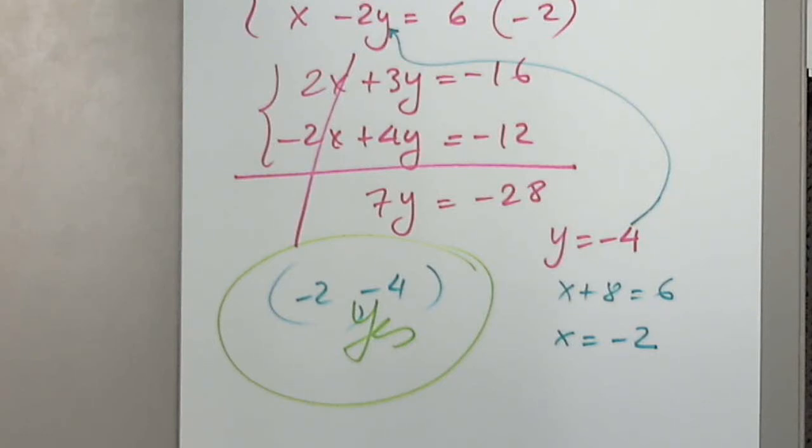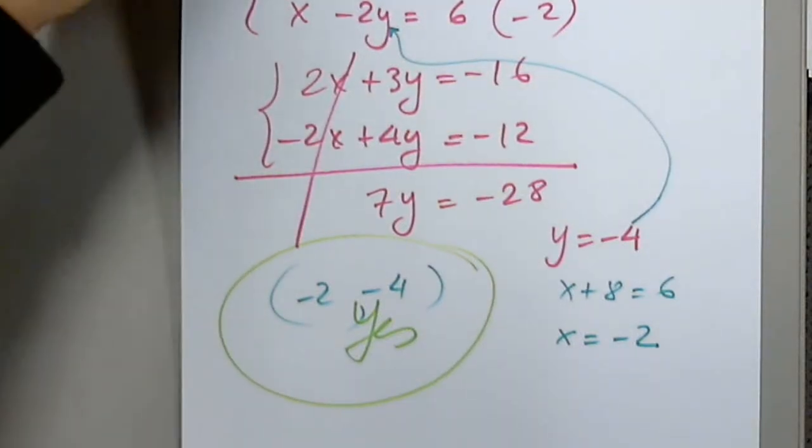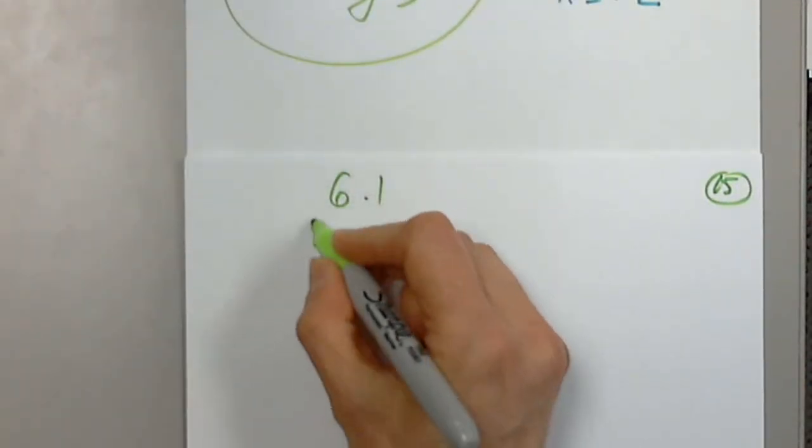The next section that we have to look at is 6.1. And I just want to start it. We're probably not going to be able to go through a complete problem. Matrices.